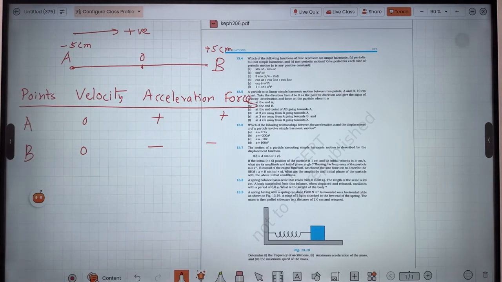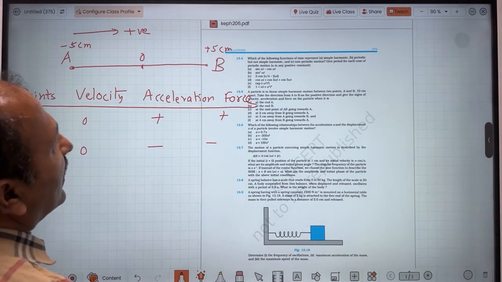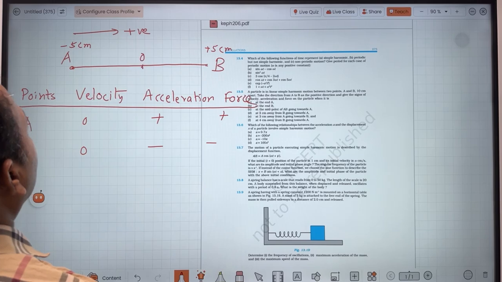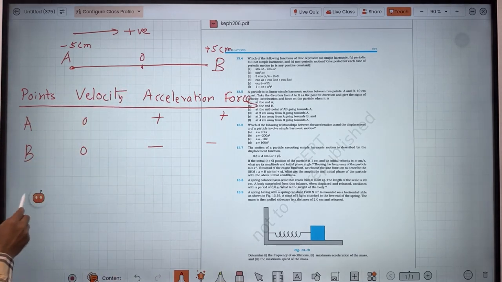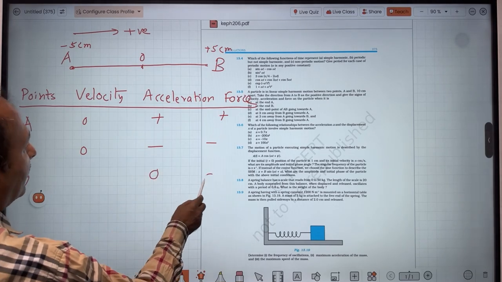Now the next case says at the midpoint of AB going towards A. When it is here, at O, let's write, in this case velocity will be maximum and displacement will be 0. This is 0, this is 0.